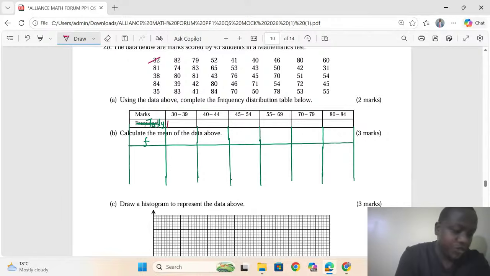One stick to represent that value. 81, the class that has 81, one stick. 38, one stick. 84, one stick. 35, one stick. Then we go to 82 here. 74 here. 80, this class. 39 here. 83.